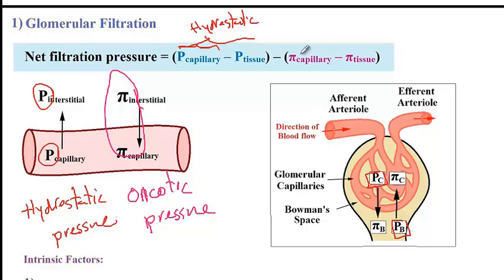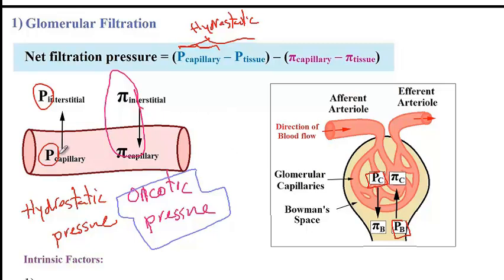And then the next factor is pi, which is oncotic pressure. And basically, oncotic pressure is the osmolarity that is contributed by the albumin and other proteins that are present inside either the tissue or the vessel.